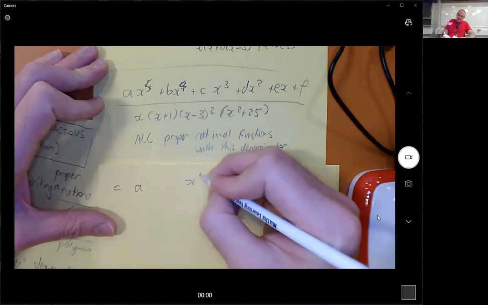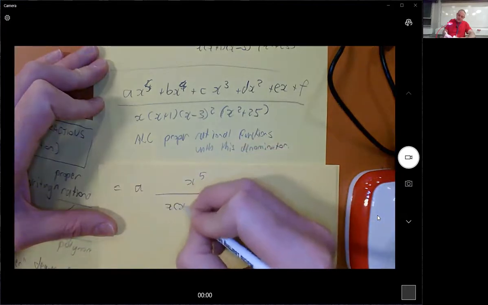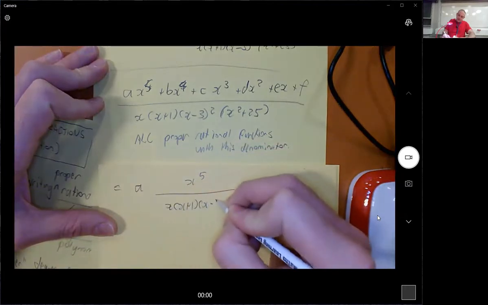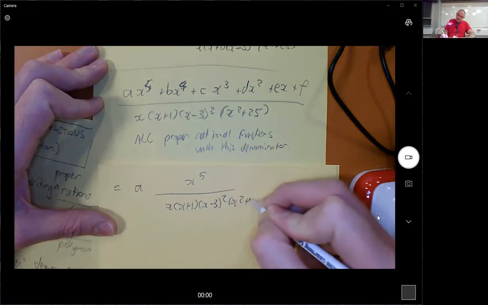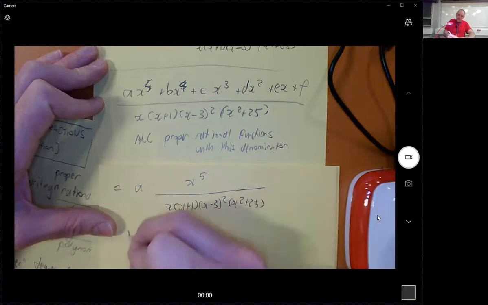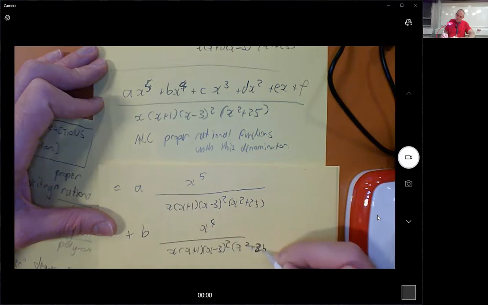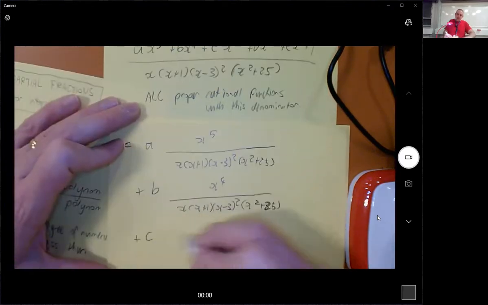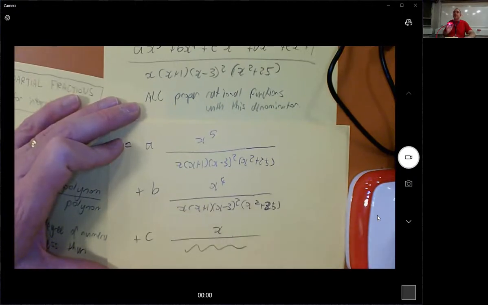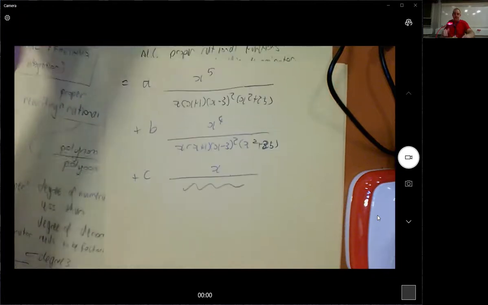A, lots of x to the 5 on x plus 1, x minus 3 squared. Plus B, lots of this. Plus C, lots of this. I'm just going to put a squiggle there to represent this, if that's okay, because I can't be bothered writing it out again.